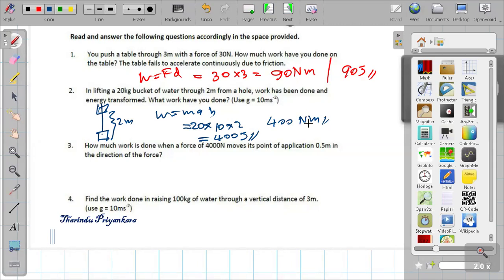Now in the next one, how much work is done when a force of 4000 Newton moves its point of application 0.5 meter in the direction of the force? Right. Now the last one, find the work done against gravity lifting 100 kg of water through a vertical distance of 3 meters.